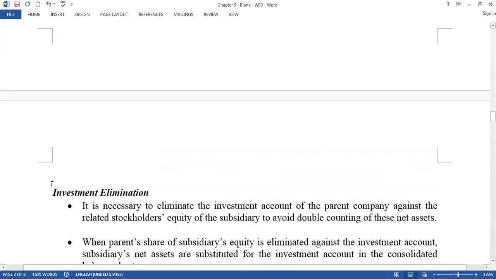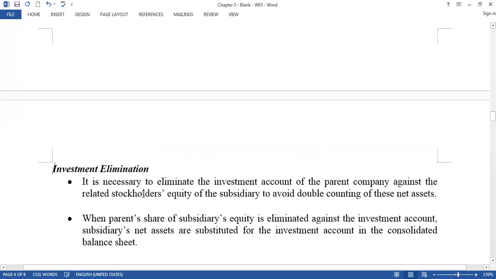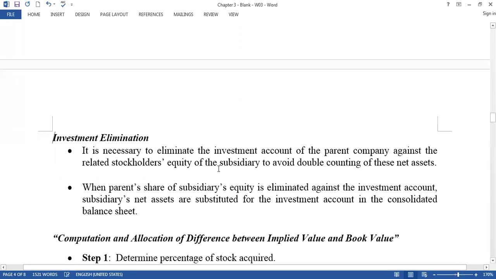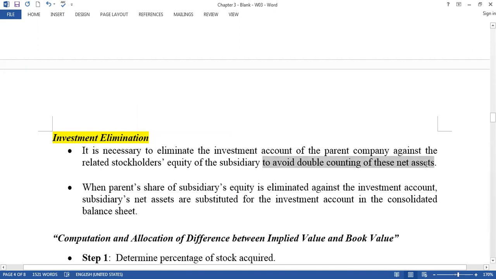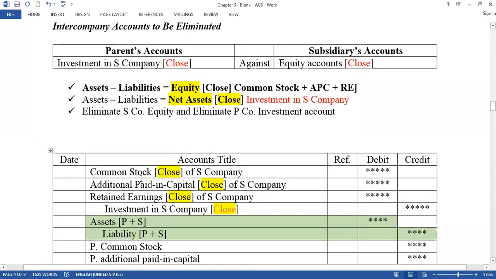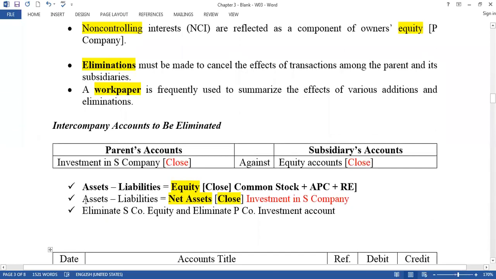So this is from the previous class. Why do we need this kind of elimination? Why do we need eliminations? To avoid double counting of net assets. If we record assets, if we record liabilities, and again we record net assets, it means that it is double counting, right?